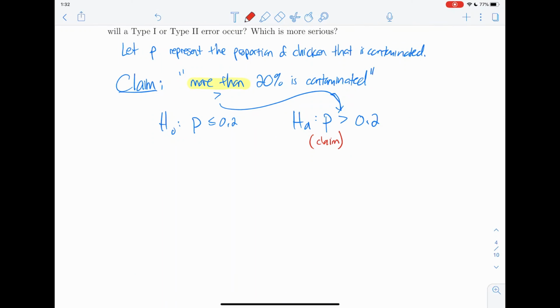In this case, a type 1 error occurs, if you reference the definition, when the actual, as in instead of looking at a sample, you were to zoom out and look at all of the chicken being made, when the actual proportion P is less than or equal to 0.2, but unfortunately you chose to reject the null hypothesis.